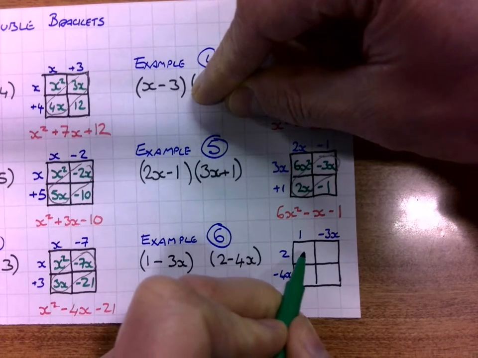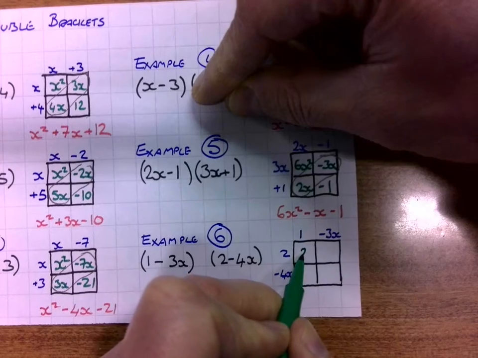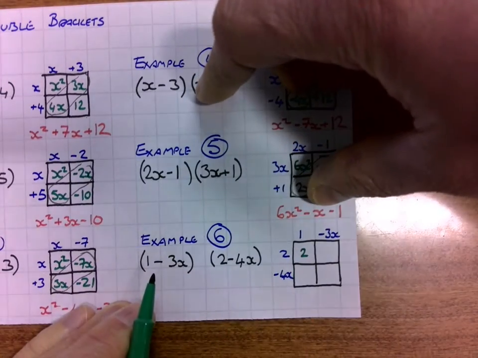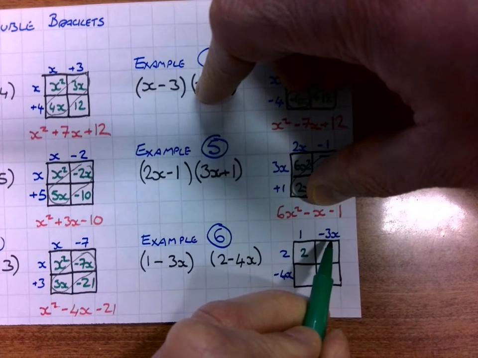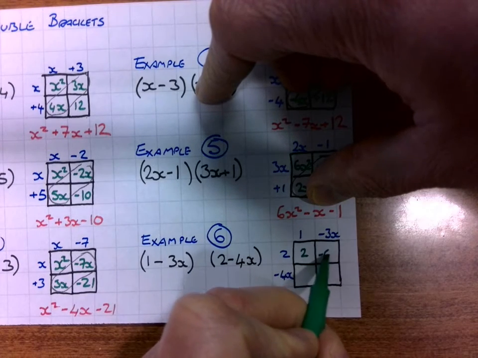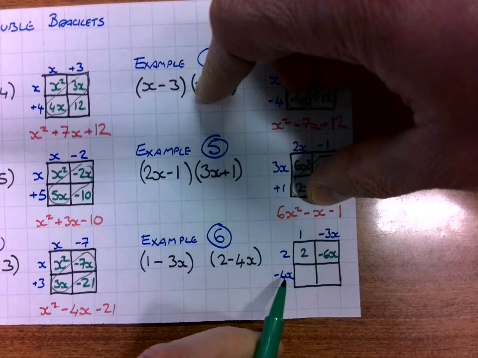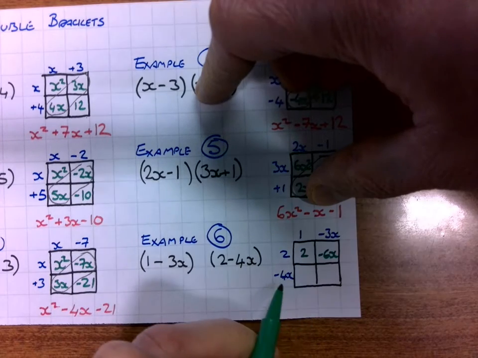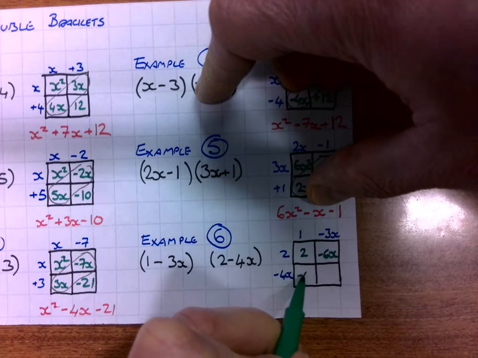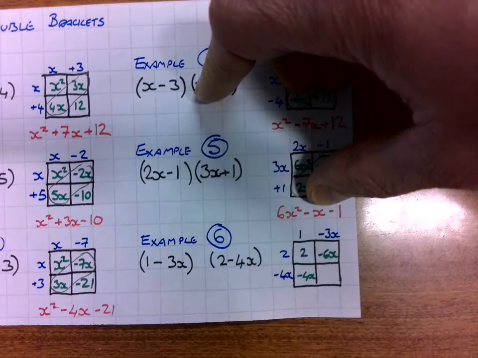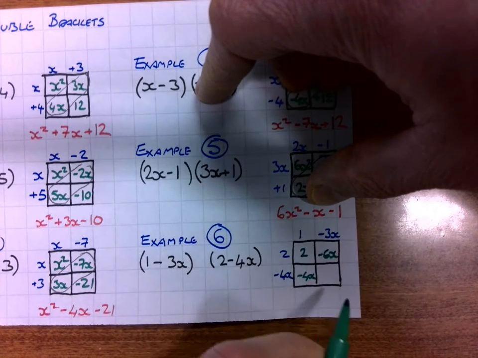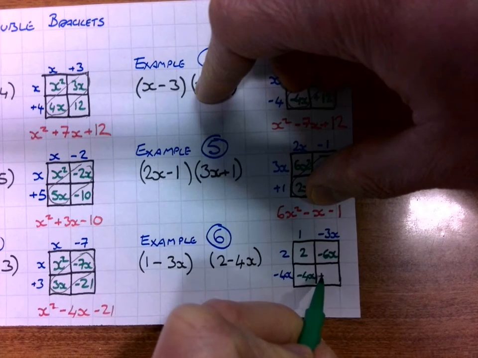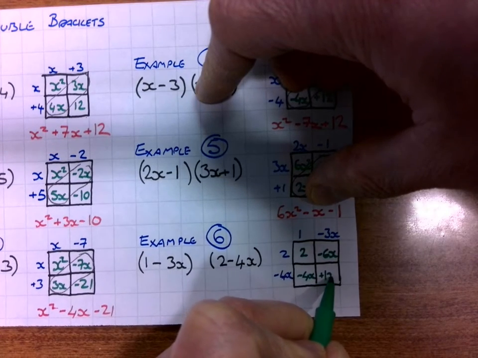So 1 times 2 is 2. 2 times minus 3x's is minus 6x's. Minus 4 times x times 1 is minus 4x's. And minus 4 times minus 3x would give me positive 12x squared.